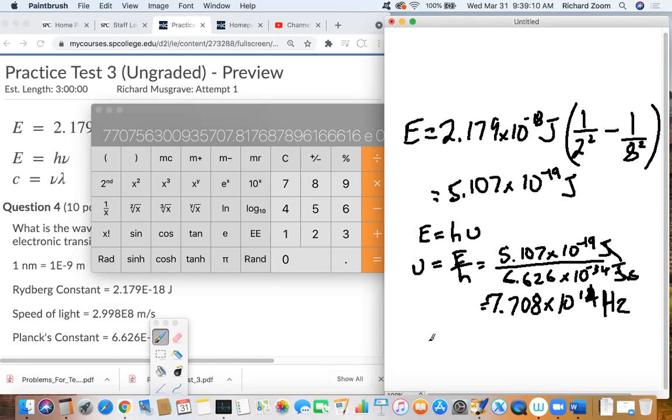Now I need the wavelength though, and c equals nu lambda. That's the formula we're given.